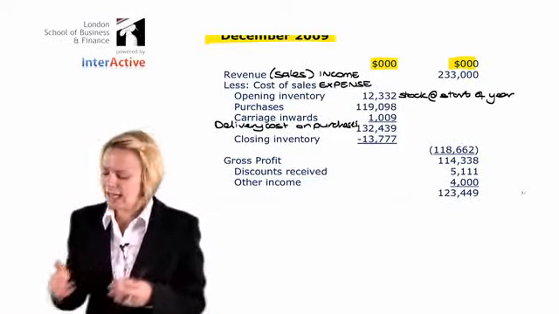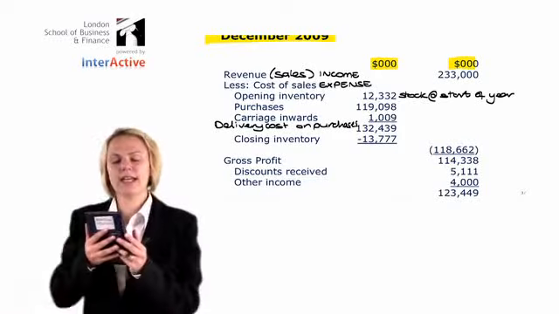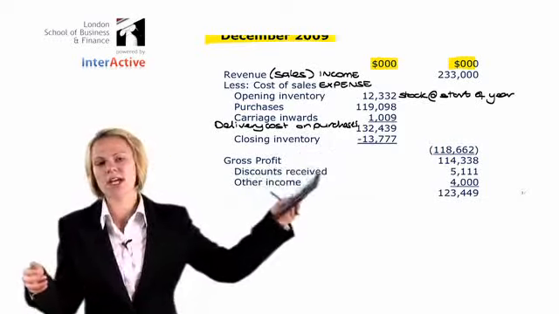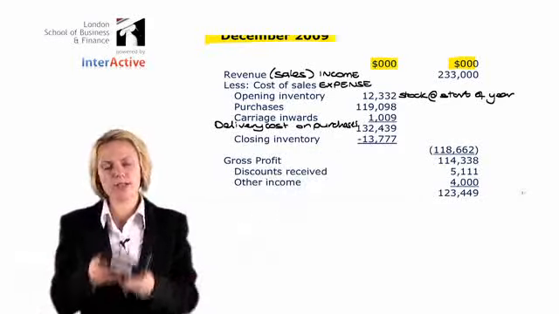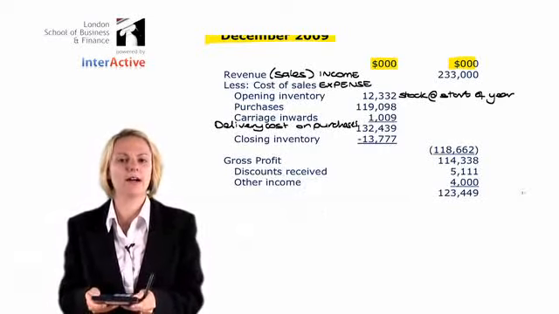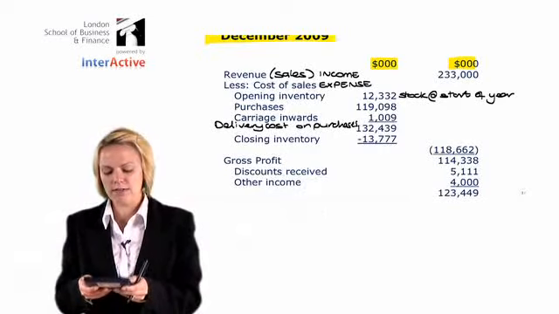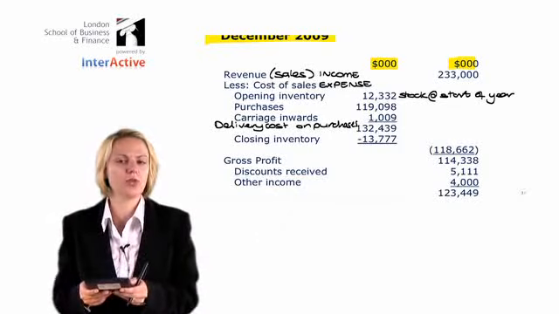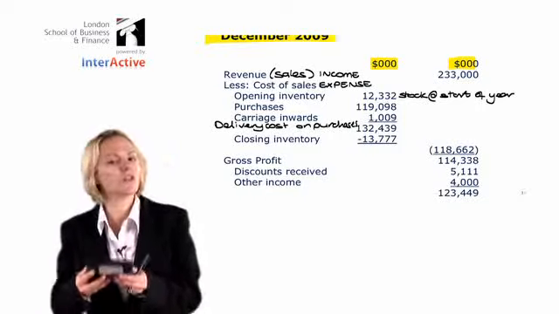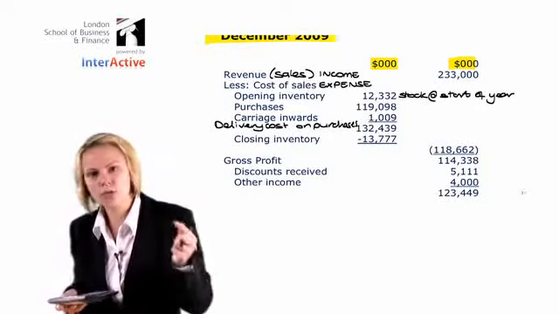Now, in reality, most businesses won't buy all their calculators and then sell them all at the end of the year. Chances are, by the year end, they'll still have a stock of finished calculators in their warehouse. Now, if they're still in your warehouse, you haven't sold them. So it would be unfair to include them in the cost of sales because you haven't sold them yet.